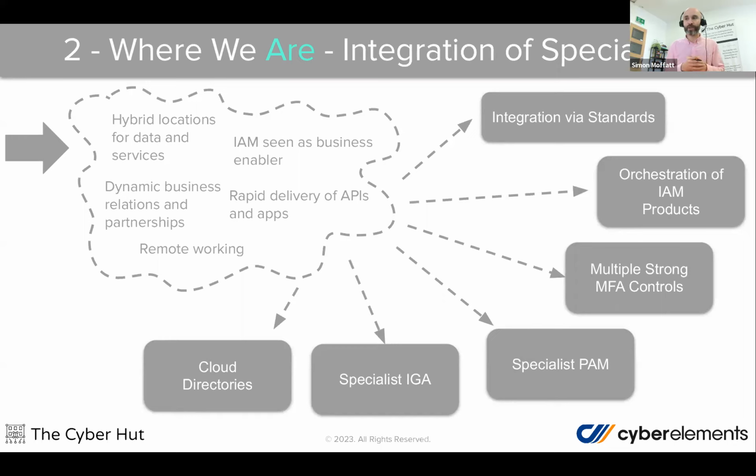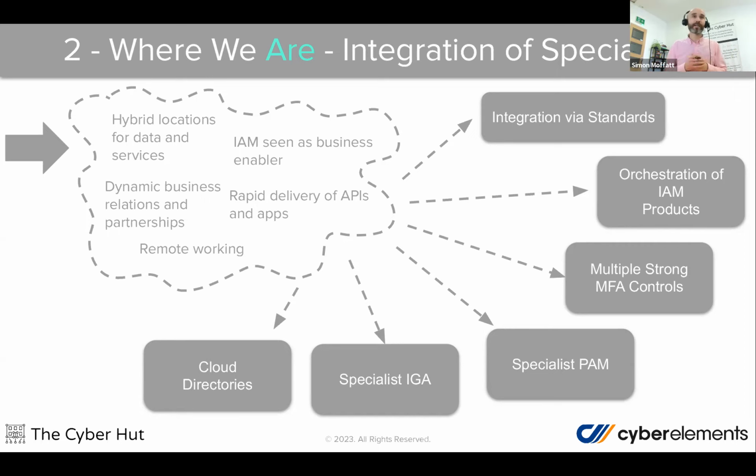We did some research before Christmas around deployment models, and on premises is still a big part of this. But identity now is seen as slightly less of a cost center and perhaps more of a business enabler, allowing the business to engage in customer identity, for example, or to handle partnerships, supply chains and joint ventures in a slightly more dynamic way.